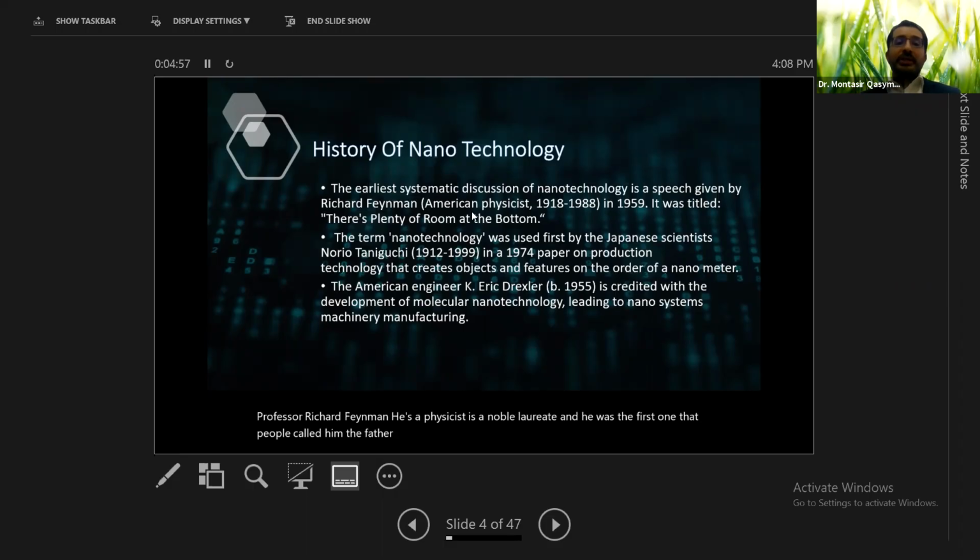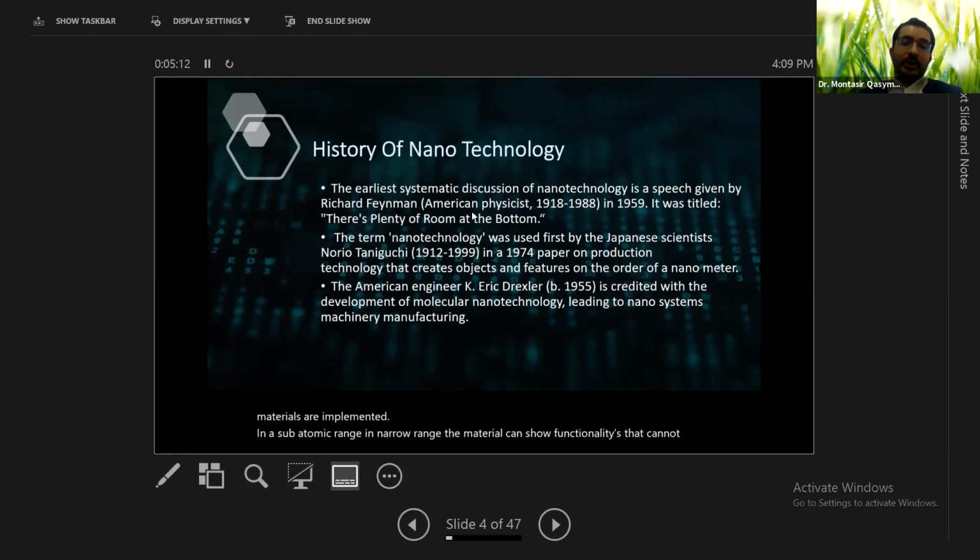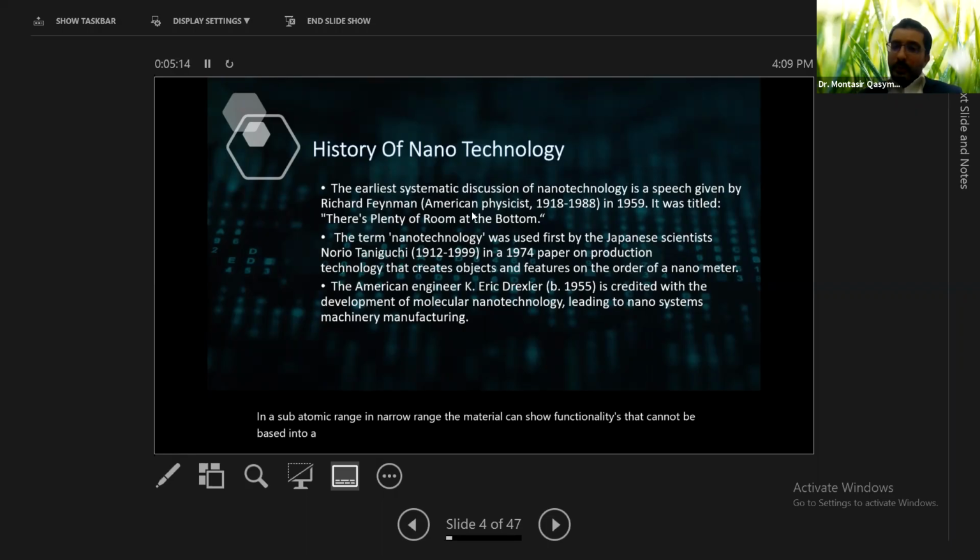He was the first one who predicted that if materials are implemented in a subatomic range, in a nano range, the material can show functionalities that cannot be found in a natural material. We will see different examples throughout this presentation. If you're going to be relying on natural materials, just like gold, silver, silicon, aluminium, there will be several limitations in achieving functionalities.